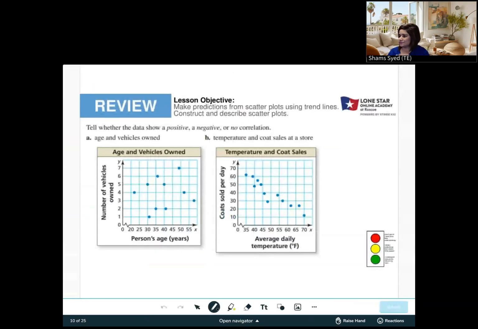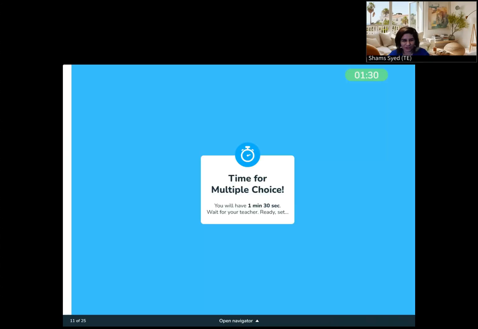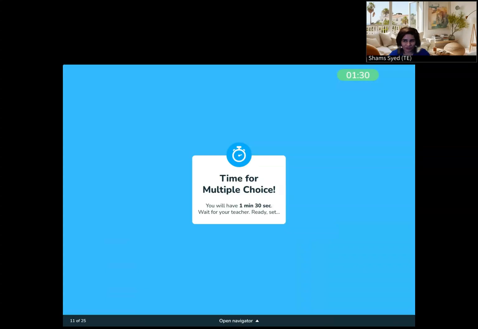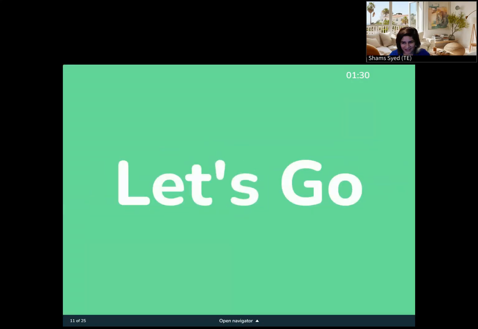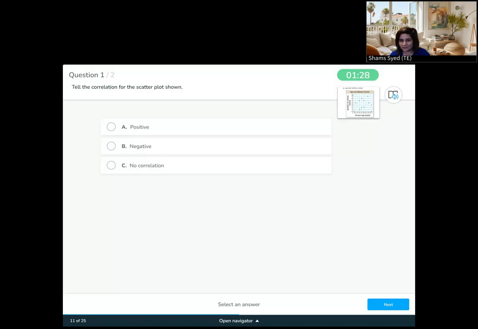Next, we will practice a little quiz. So you will answer this question on the quiz. You will tell me positive, negative, or no correlation. It is a mini quiz with 2 problems only. 1 minute 30 seconds timer. Starts now. Tell the correlation for the scatter plot shown.